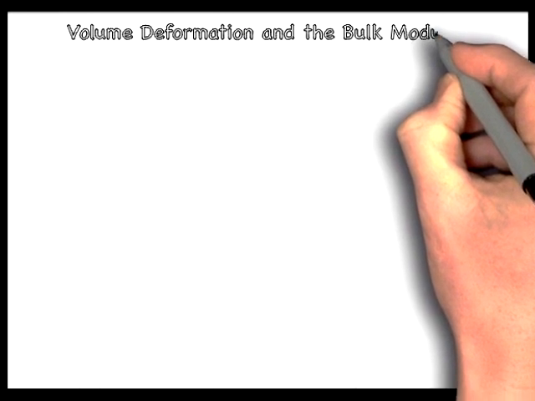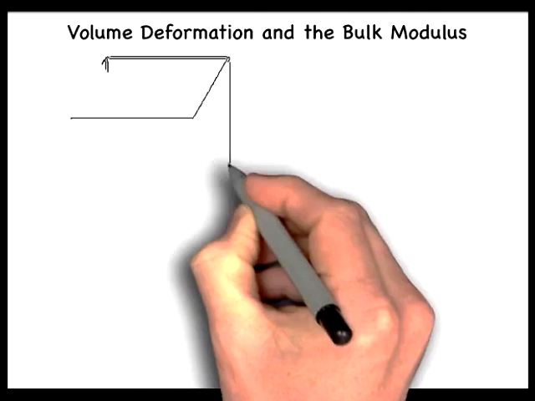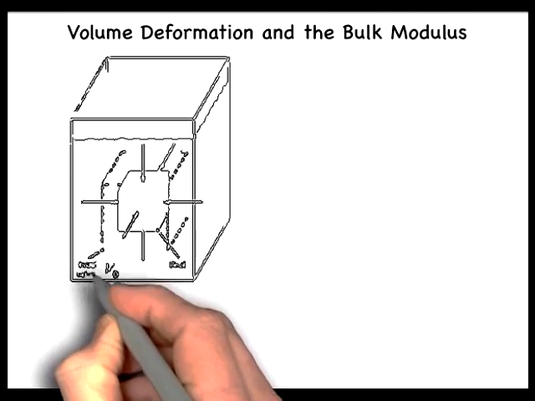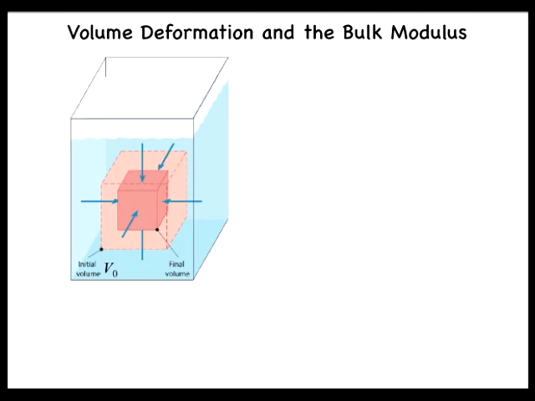Suppose we change the pressure on an object by an amount ΔP, where ΔP represents the final pressure P minus the initial pressure P0, or ΔP = P - P0. Because of this change in pressure, the volume of the object changes by an amount ΔV = V - V0, where V and V0 are the final and initial volumes, respectively.